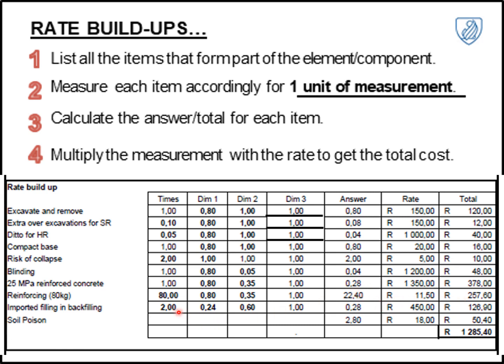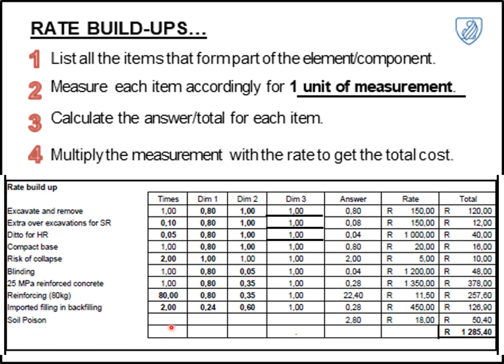Imported backfilling, here you can see we've got two sides, on both sides of the brickwork that's measured. So it's 2 times 0.24, which is the measurements on the sides, and then the height that's left over that needs to be filled, and so forth.